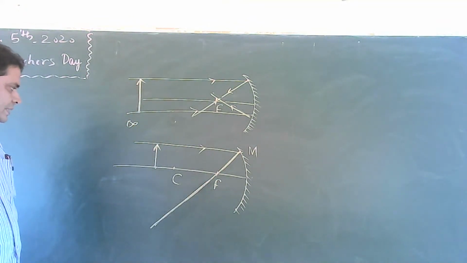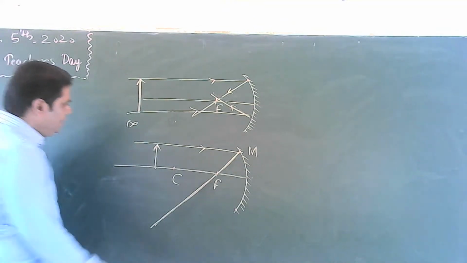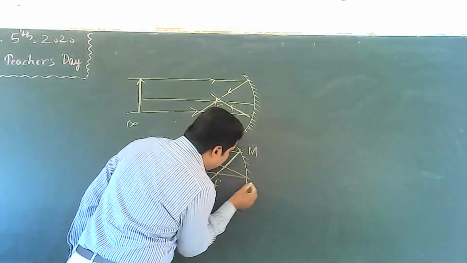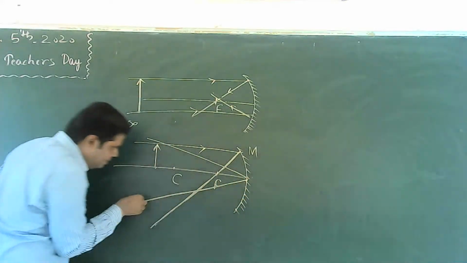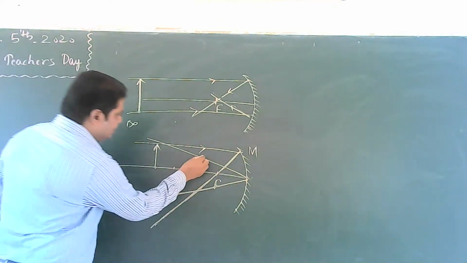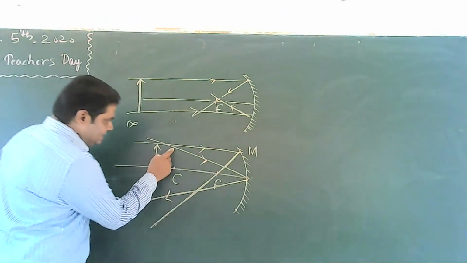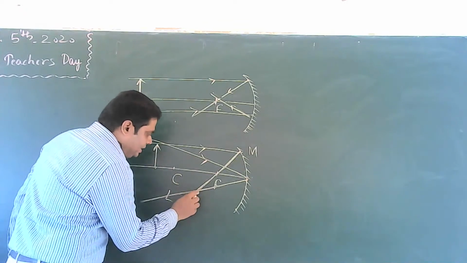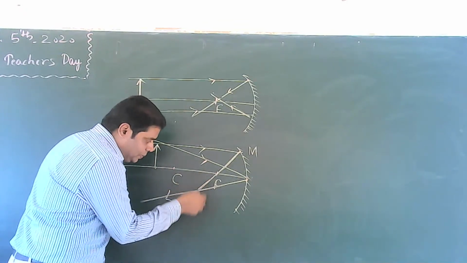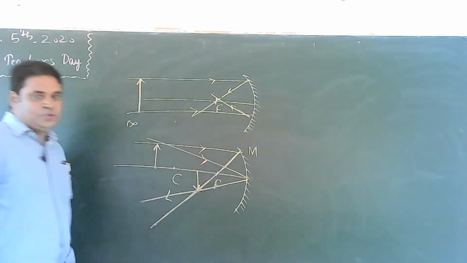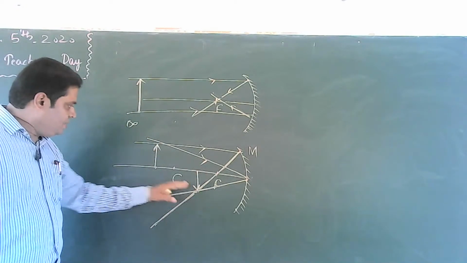Next ray, we can take this ray. See here, this ray is the second ray. This point of intersection where two rays meet, here we get the position of image.